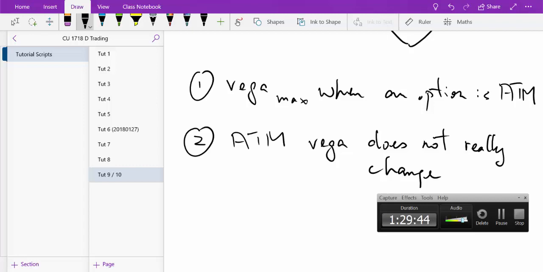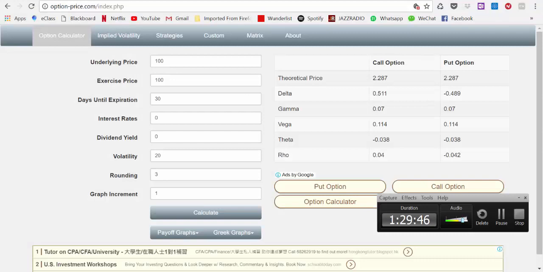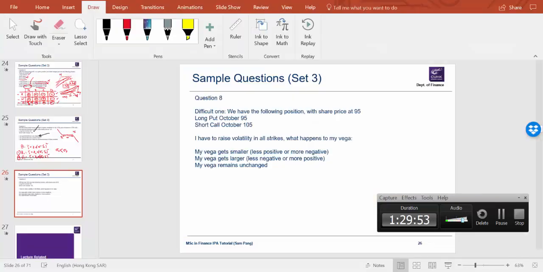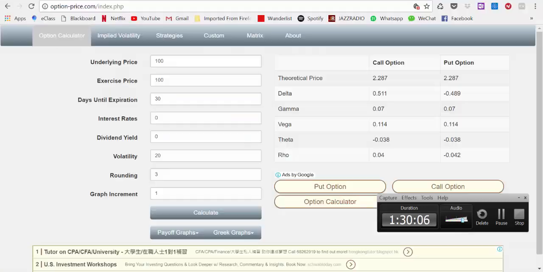Now, you compare that with something different. Now I'm going to price an out of the money option, because that is the question after all. So I'm long an at the money option, and I'm short an out of the money option. So now I'm going to try and price an out of the money call, and I start with a vol of 20.